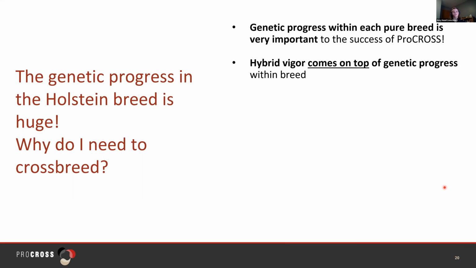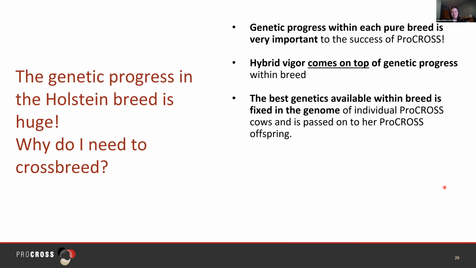So yes, hybrid vigor comes, I'm getting ahead of myself. Hybrid vigor comes on top of the genetic progress within breed. And then as you use those high-ranking bulls, those best genetics that are available within the breed is fixed in the genome of that individual cow. And not only is it hers, but it's in her genetic makeup, and she passes that on to her future generations. And it will always be there as part of the background of her makeup.